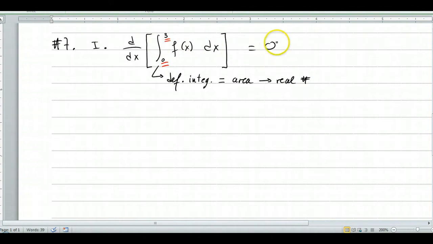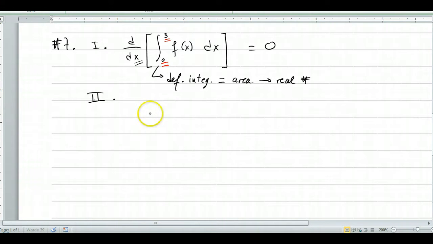No matter what the real number is, you find 0. There's no variable of differentiation in the real number. Derivative of 5, it doesn't matter with respect to what, x, t, whatever, it's 0. The derivative of a real number, no matter what the variable of differentiation is, is always 0. So the first one, of course, is not true. Let's look at the second one. This is a bit trickier. We have to be careful of this one.